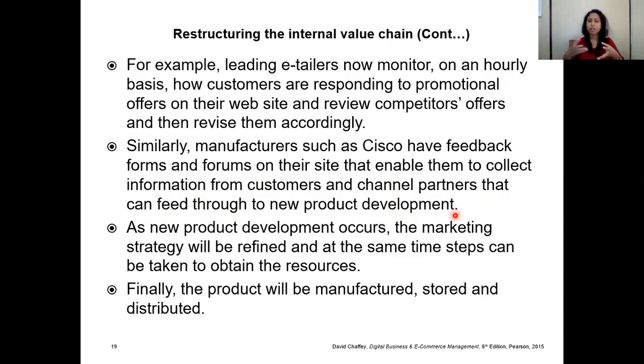And also based on the feedback from your channel partners, such as the distributors, the logistics organizations, or the retailers also, they can give you an idea about the movement of your product. Is your product moving at a reasonable rate, right? Is it moving fast, or is it just staying in shelves without being sold?